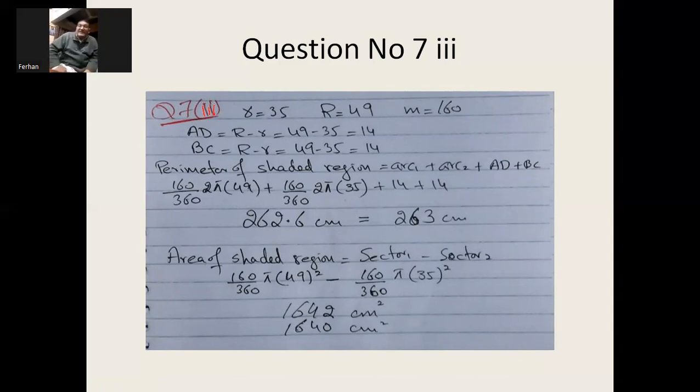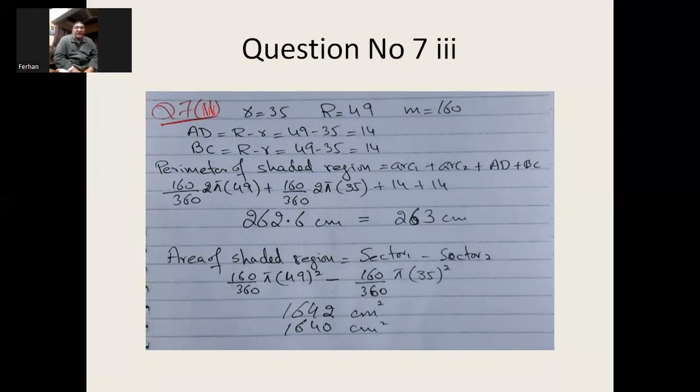So it will be 160 divided by 360 multiply 2 multiply pi multiply 49 plus 160 divided by 360 multiply 2 multiply pi multiply 35 plus 14 plus 14. So you will get 262.6 centimeters, which is approximately 263 centimeters. So this is how you will find the perimeter of the shaded region.